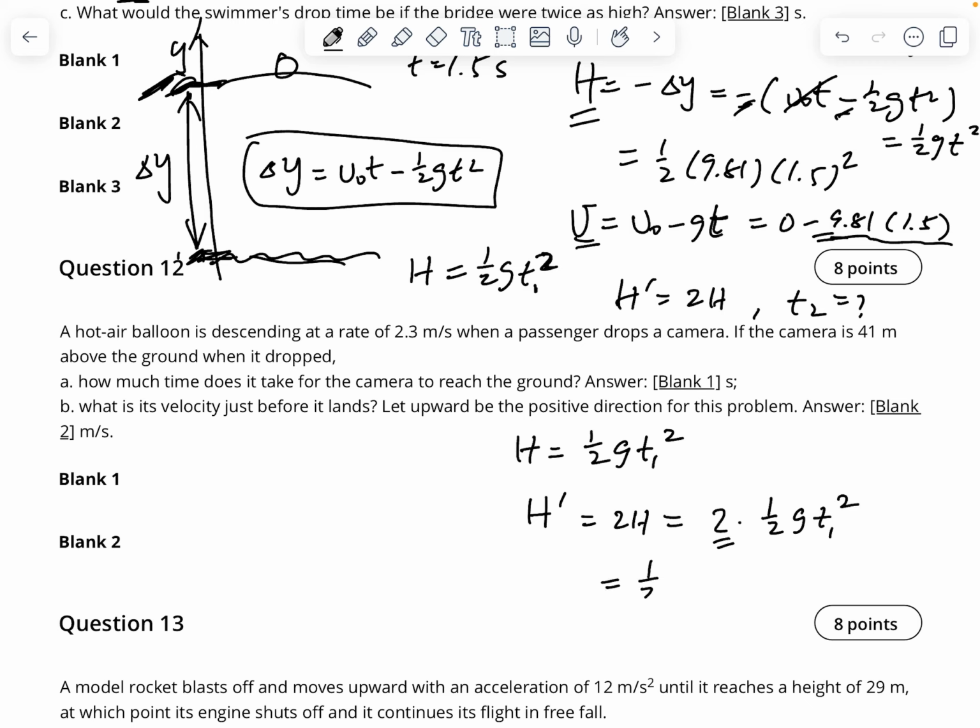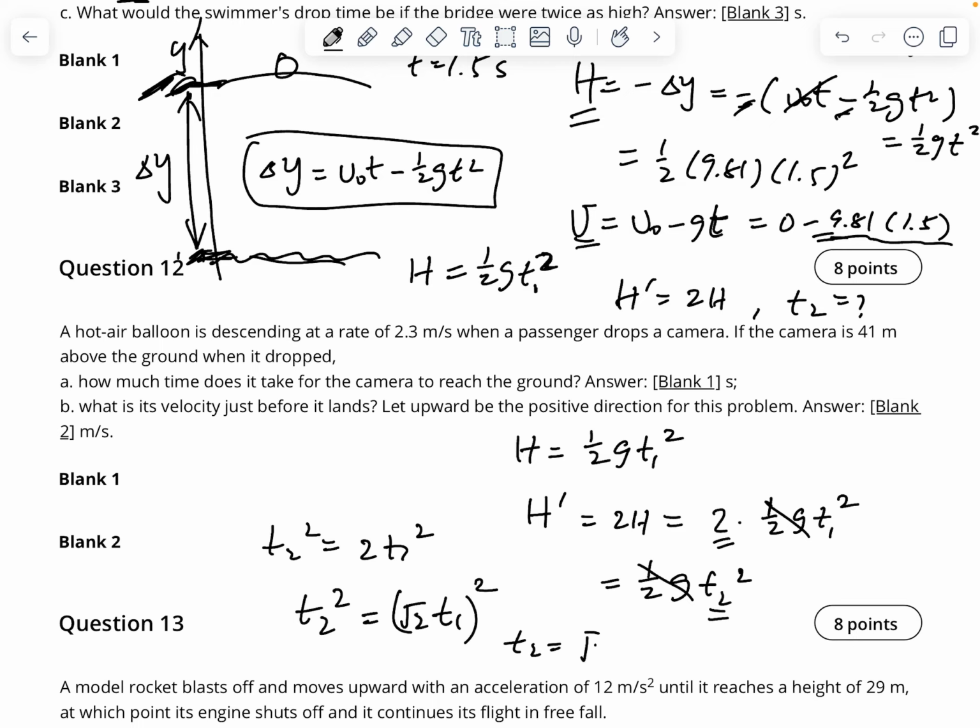This also equals half g t2 squared. So what's t2? You can tell half cancelled, so t2 squared equal to 2 t1 squared. So t2 equal to square root of 2 times t1.